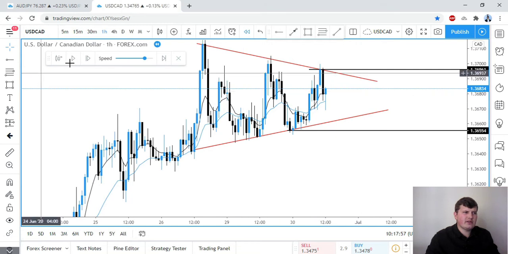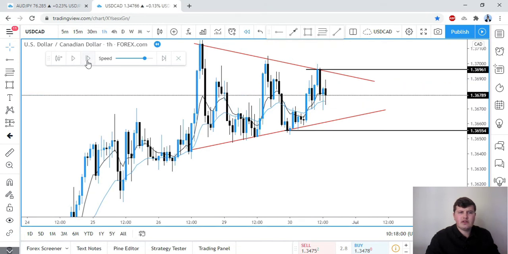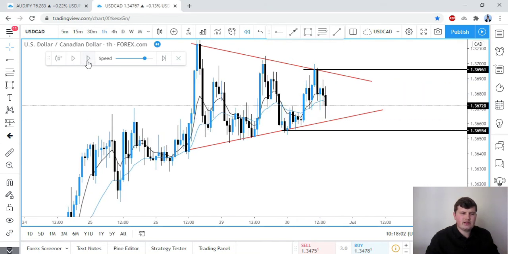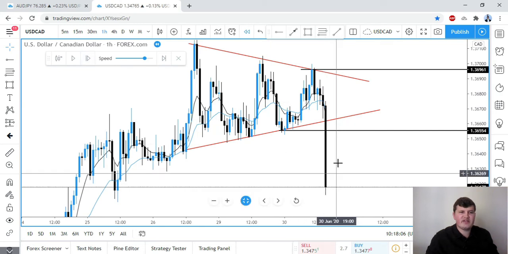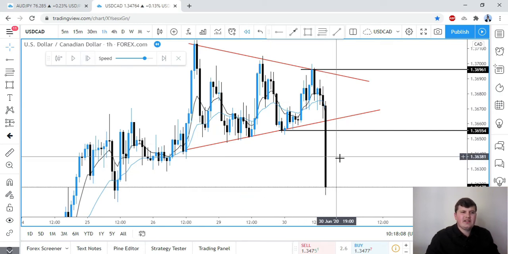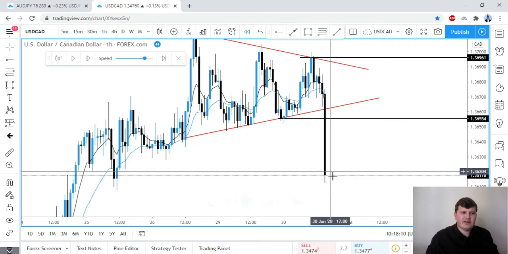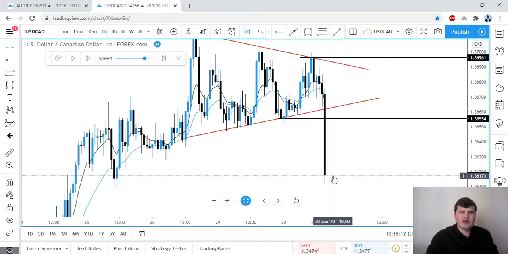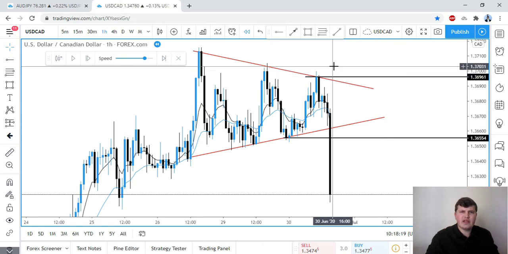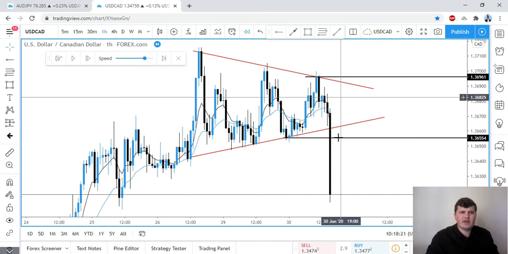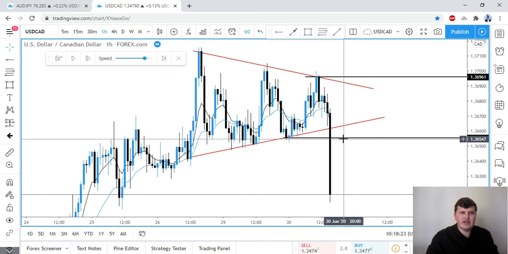So let's just see how this played out. It played out like that, and then this is an aggressive candle, and obviously you don't want to enter at this candlestick closure here. You don't want to catch a falling sword, so the best move would have been to place a sell stop entry at this area over here.